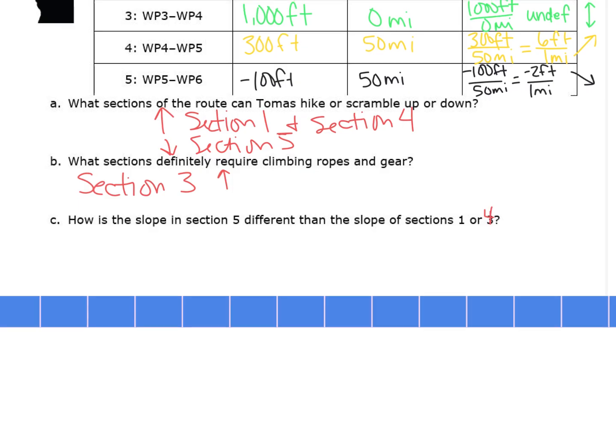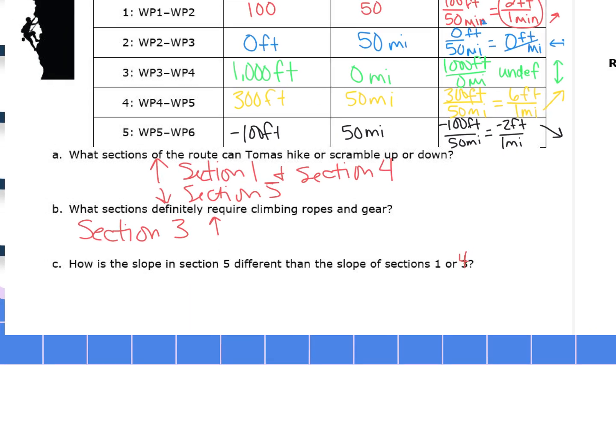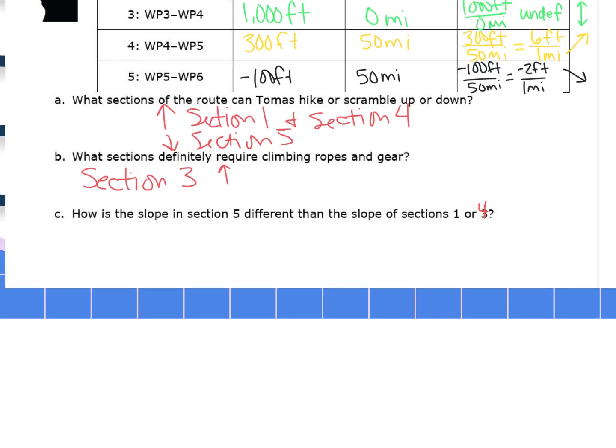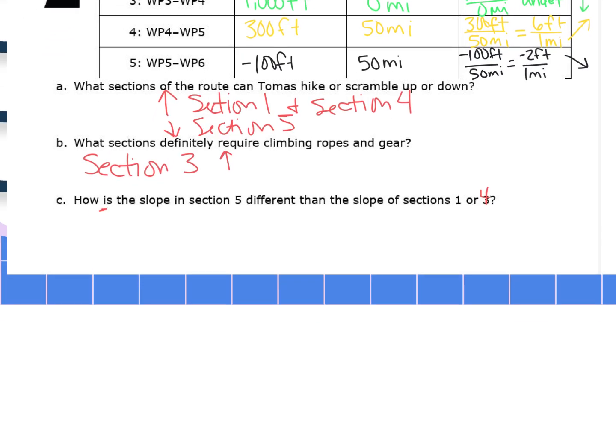So 1 and 4, we said were both positive. But what about section 5? It was going down. So 5 is negative, because we were climbing down. 1 and 4 are positive because we're going up.